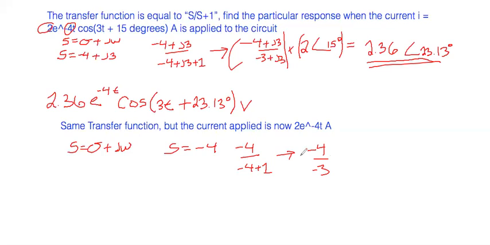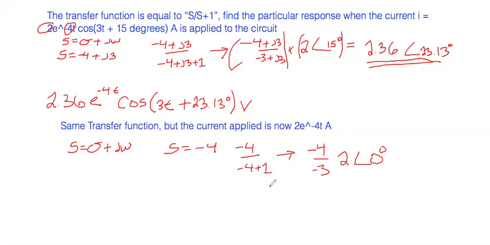which is then multiplied by the magnitude. Magnitude right here is 2. And there is no phase angle, so we're going to have angle of 0 degrees, because again, there is no sinusoidal function here. It's just 2 angle 0.